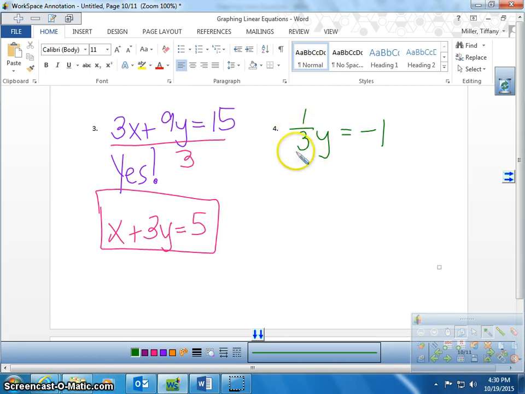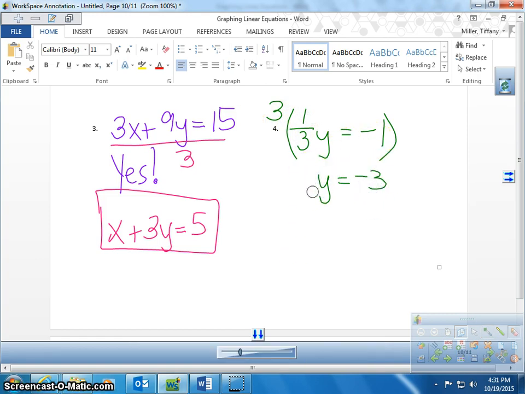So if I wanted to get this 1/3 to be a whole number, I'm going to multiply the entire equation by whatever the denominator is. So the denominator here is 3. So when I multiply there, 3 times 1/3 is 1y, or just y, equals 3 times -1, -3. So I'm left with y equals -3.